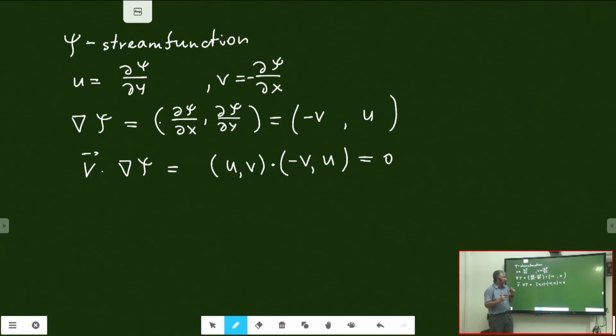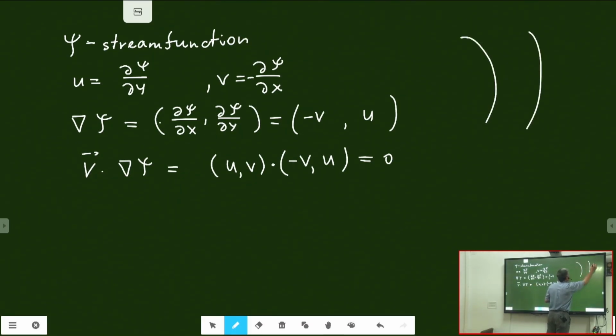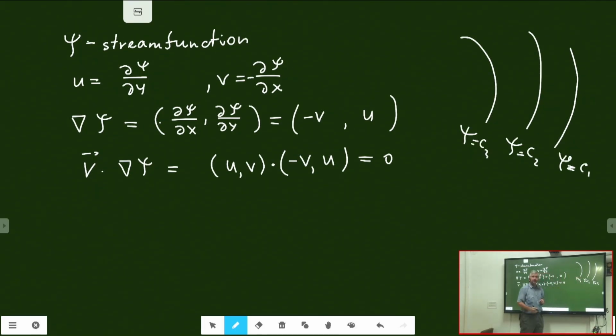My question is, if you have contour lines of psi, psi equals c1, psi equals c2, psi equals c3, so these are contour lines, what is the direction of the gradient vector? I take a point here.